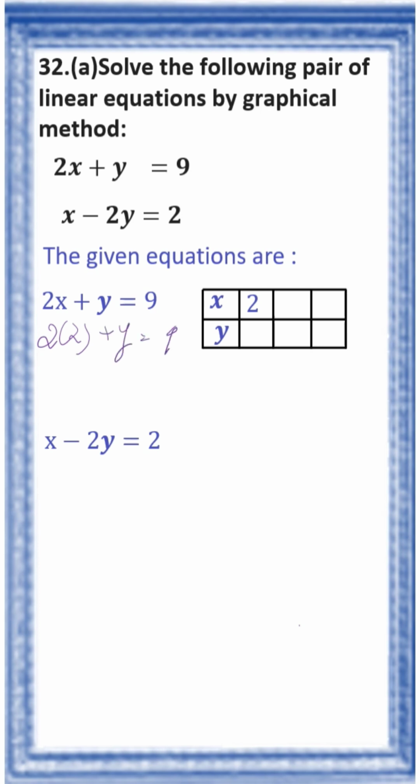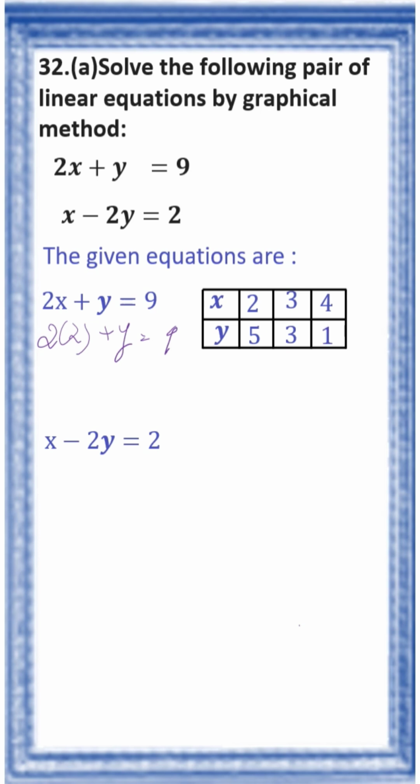So y is equal to 5, sorry, it is 5. Okay, if x is equal to 3, 2 into 3, 6, 6 plus y is equal to 9, y is also equal to 3. If x is equal to 4, 2 into 4, 8 plus y is equal to 9. So y is equal to 9 minus 8, that is equal to 1.